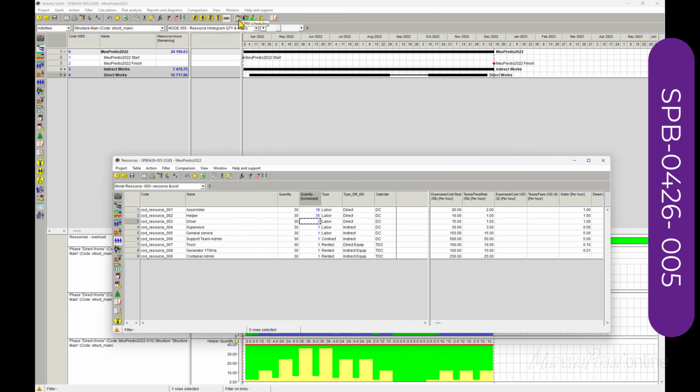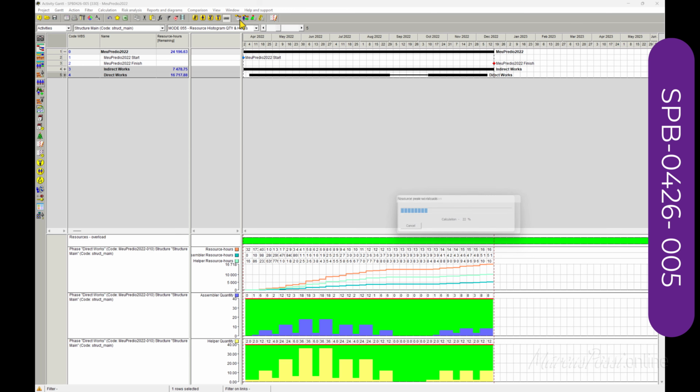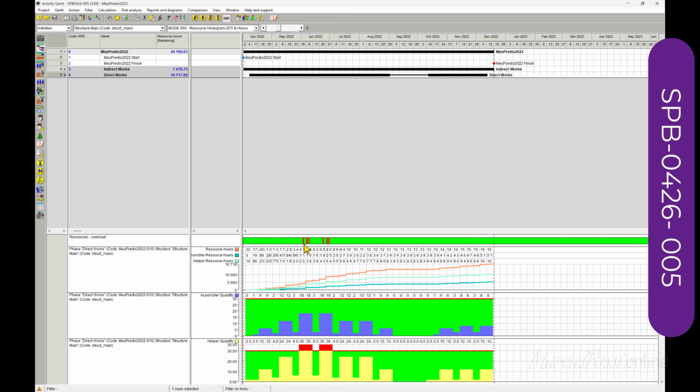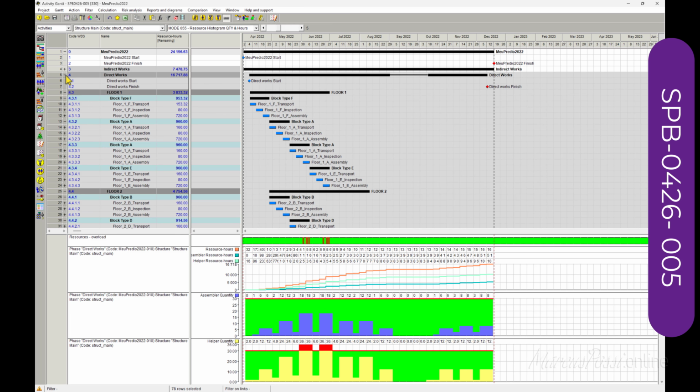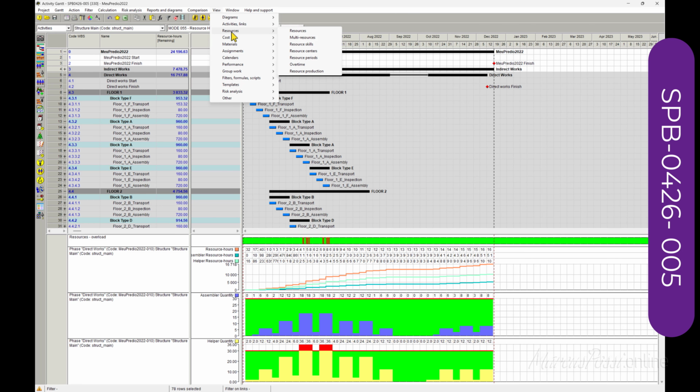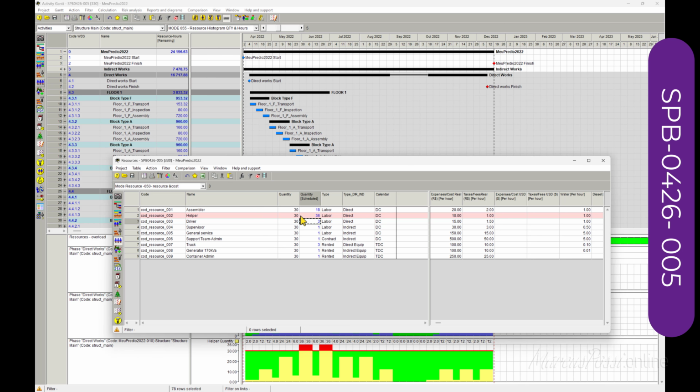When I press the calculation button, we should have some indication here showing us that at this time we need more. View, resource, more. We need 36 more helpers than we have.